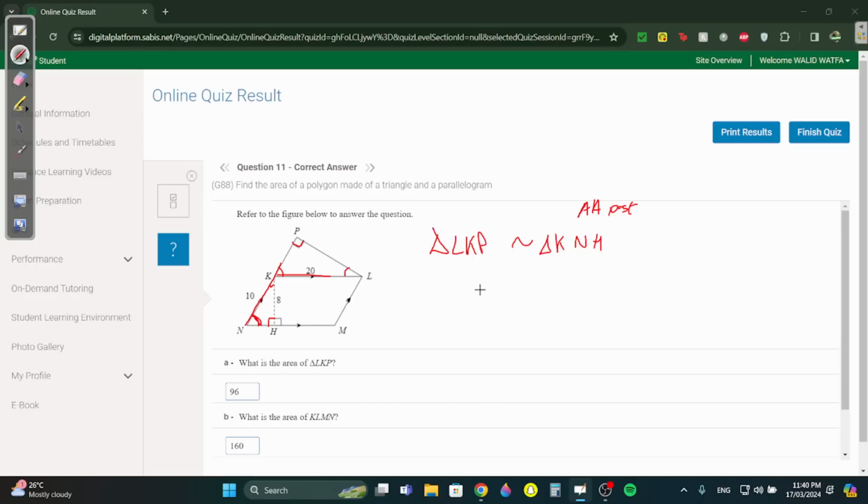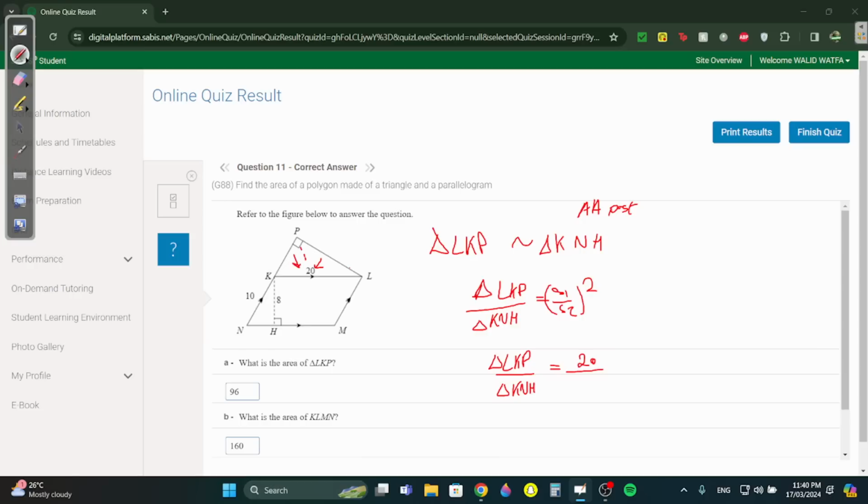That means the area of triangle LKP over triangle KNH equals S1 over S2 squared. Let's pick out any two sides. We don't really have a choice. We only have 20 for this LKP. The side one, we're going to use 20.